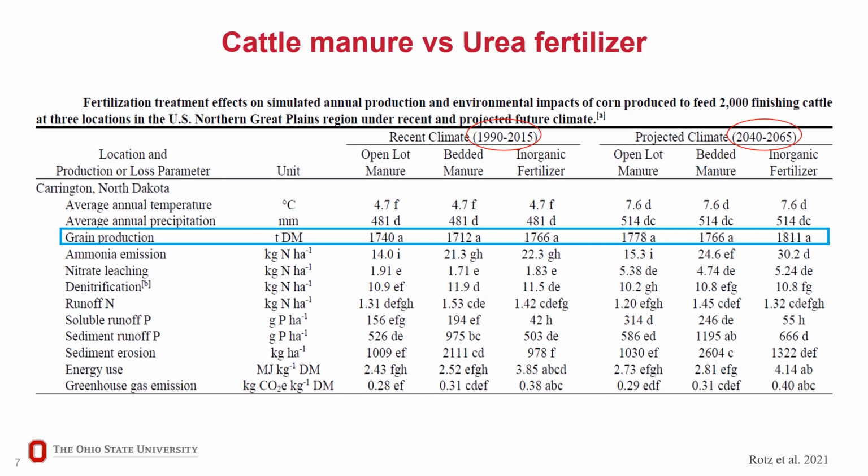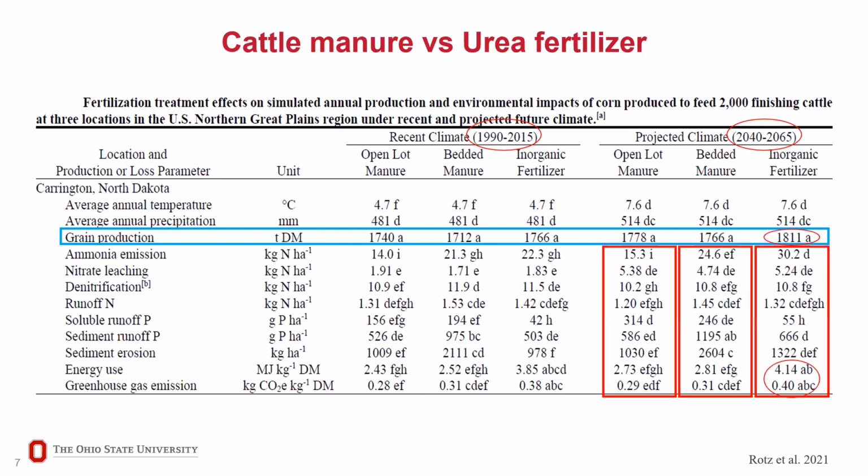But at the same time, other parameters like energy use and greenhouse gas emissions are higher with the inorganic fertilizer as compared to the use of manure. So that's how we can compare different management practices.